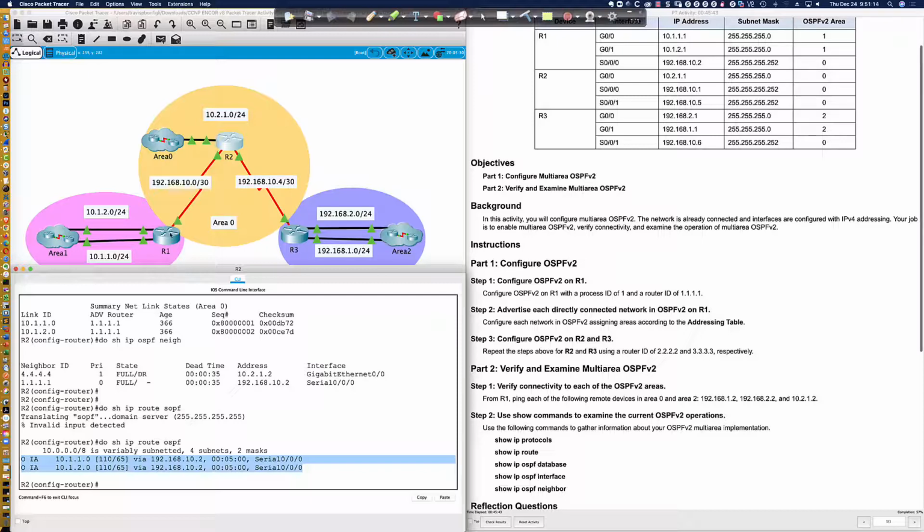And that's the area border router takes the type 1 LSAs and regenerates those and packages them into a type 3 LSA and sends that into area 0. And router 2 sees that and says, oh, okay, it's a type 3, meaning it's coming from this other area that, you know, I don't know anything about. Router 2 doesn't see router 5 and router 9. And so what is it that's happening right here?